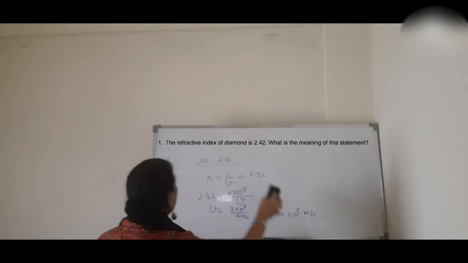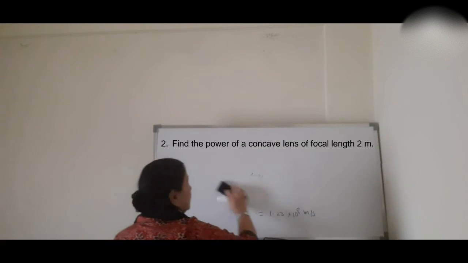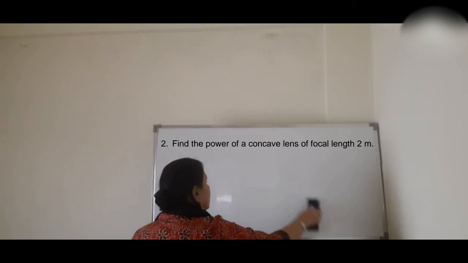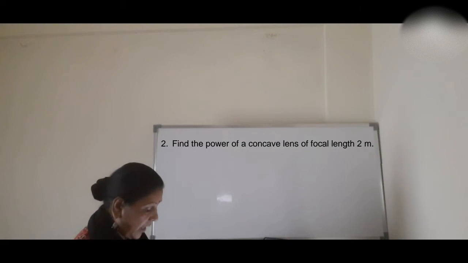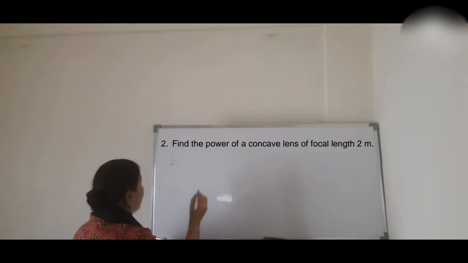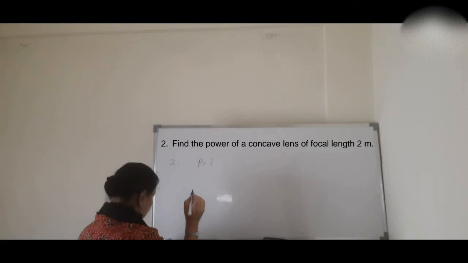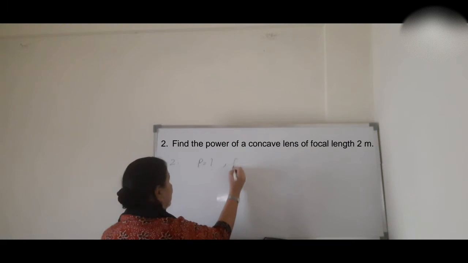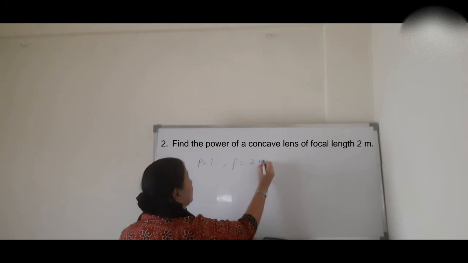The second question is: find the power of a concave lens of focal length 2 meter. You have been given the focal length as 2 meter.